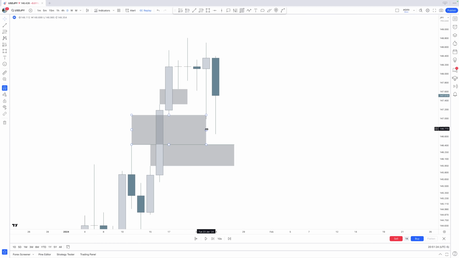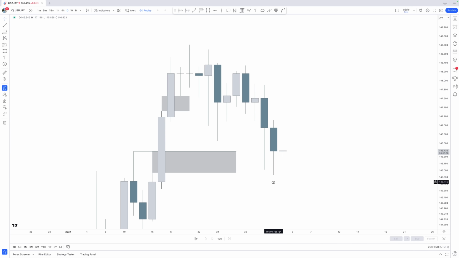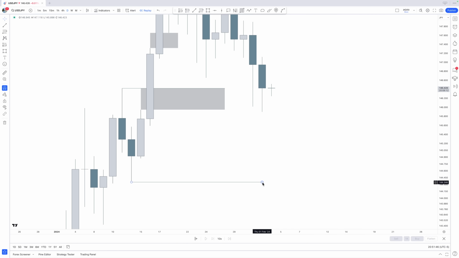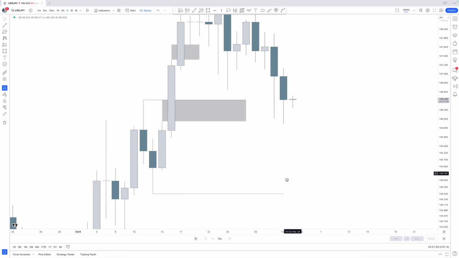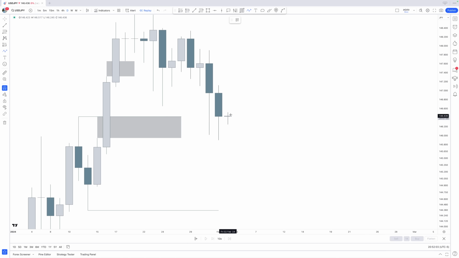Now, after we reach that overlapping defense right there, that is where we can continue higher from. So currently we can still continue higher off of that. But if it disrespects that, then it will target what? Then it will target the LLOD right there. So if these next few candles do not continue higher, then the target becomes that low sitting right there. And can we then continue higher off of that LLOD right there?